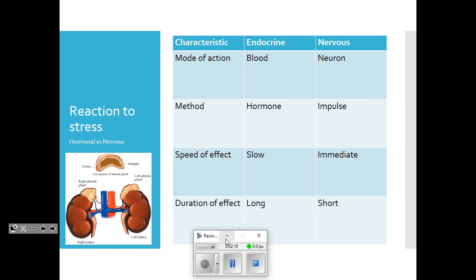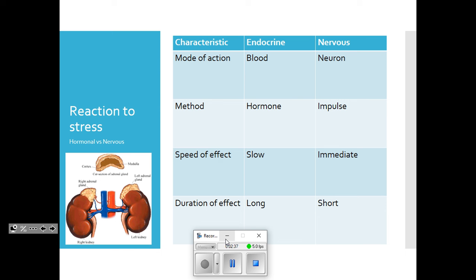You have an endocrine or hormonal response, but you also have a nervous system response. And so you'll recall kind of at the beginning of this chapter, I said sometimes it's hard to distinguish your nervous system from your endocrine system effects because they work together in so many processes, and this is a really good example of one. Here are some things that we could compare.